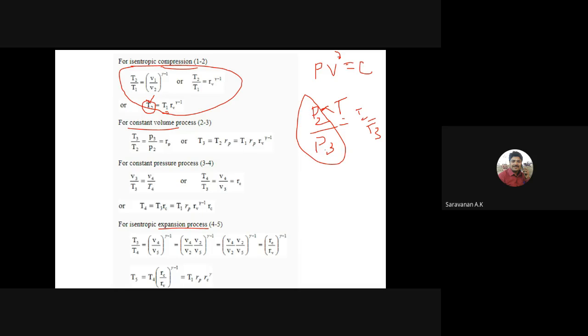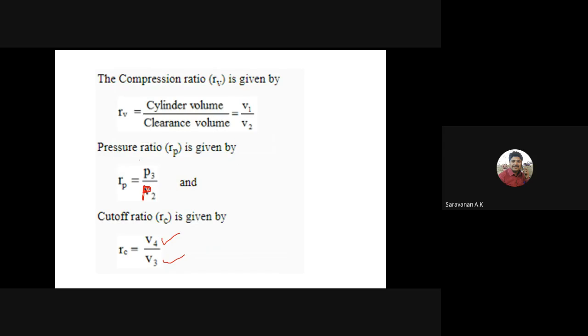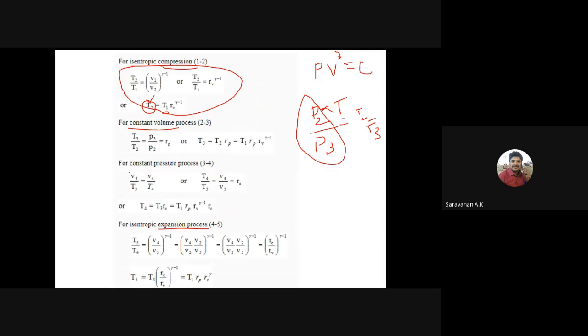What is P3 by P2? It is a pressure ratio, which is denoted by RP, right? So that same you can use here. So P3 by P2 is RP, so T3 by T2 is RP, right?